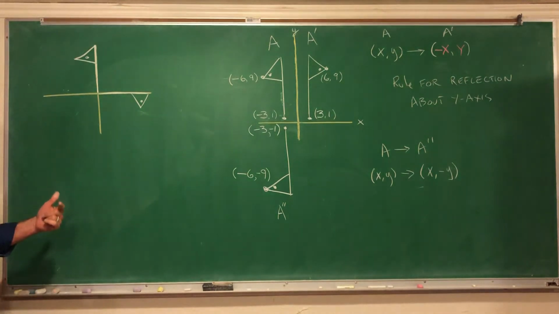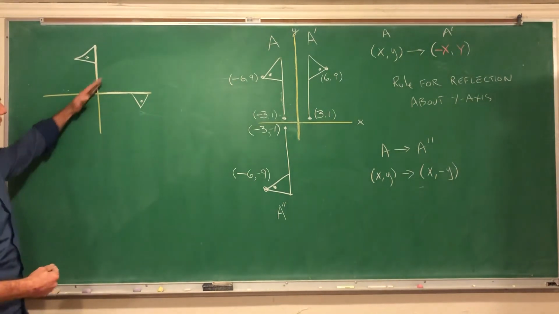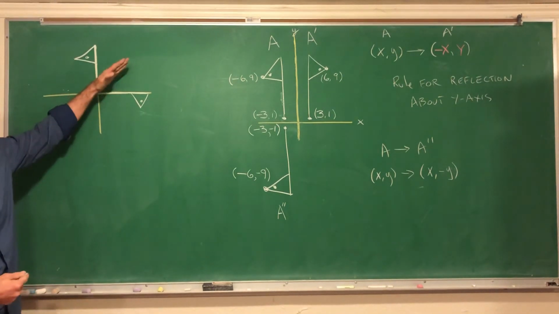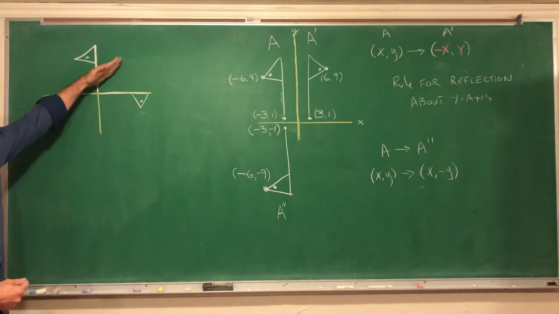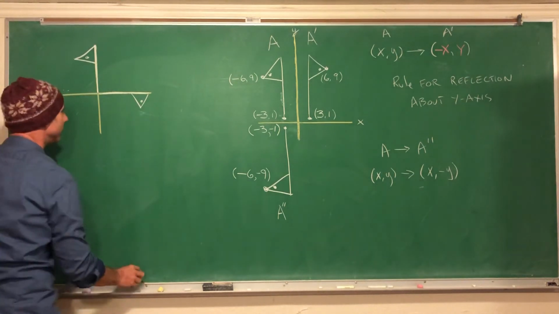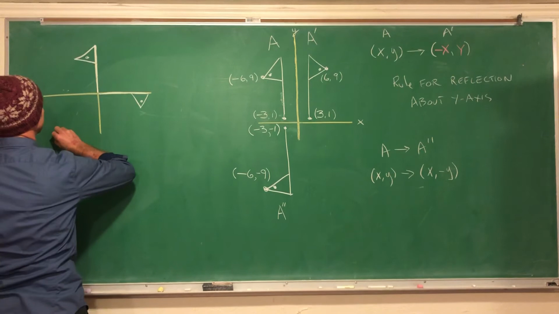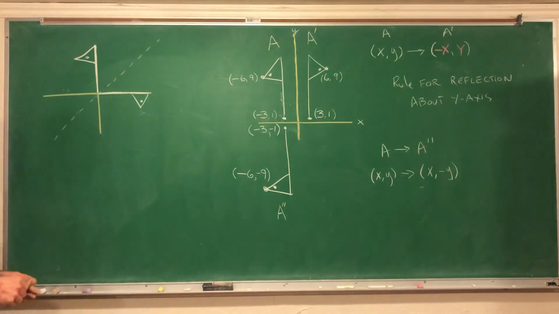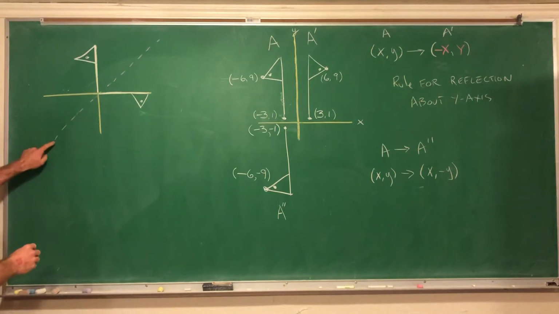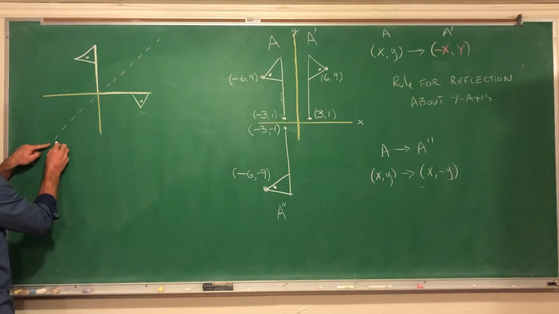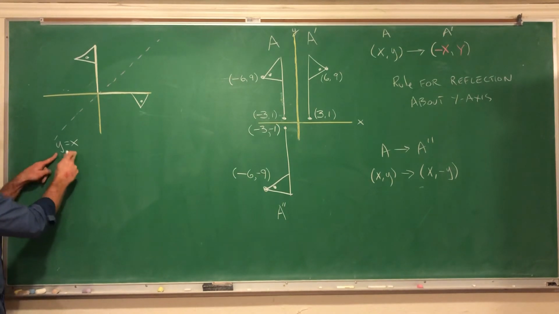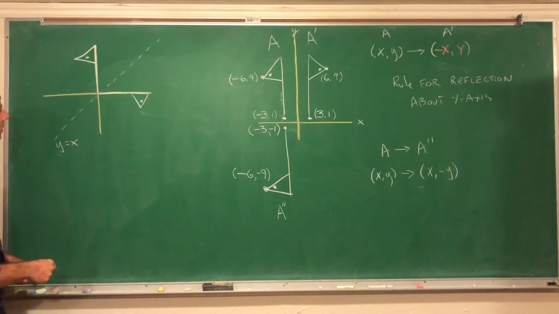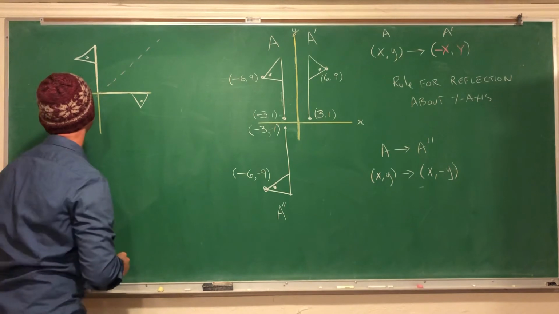Where is my line of reflection? Well, I just gave it to you. It's at diagonal. So this time we are reflecting about this line. And if you want to be a purist, that's the y equals x line. That might come in handy here in a minute.